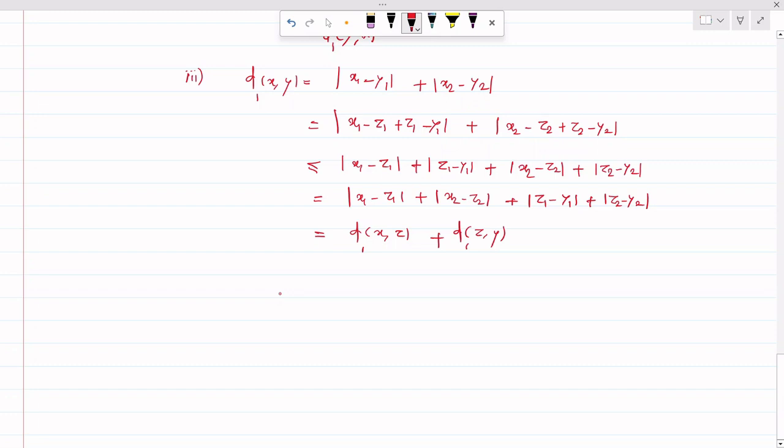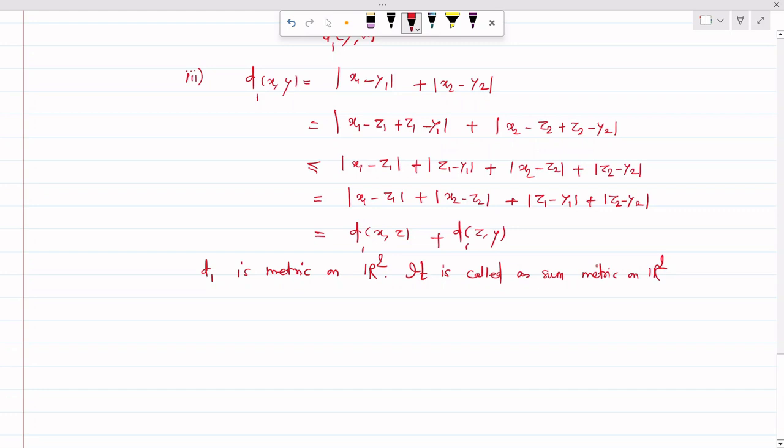This metric d1 is called the sum metric on R2.